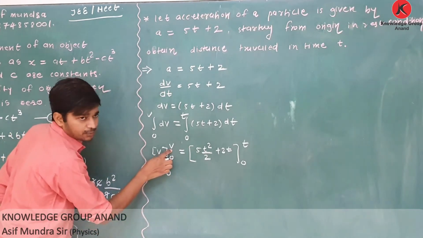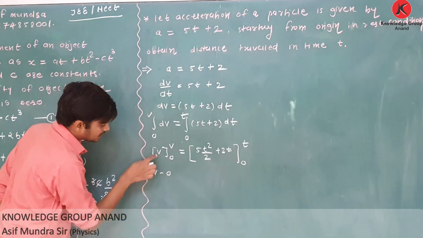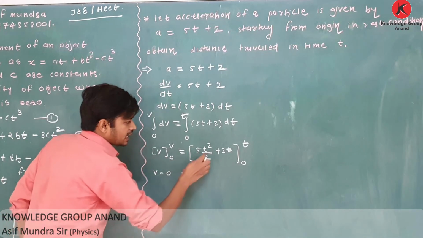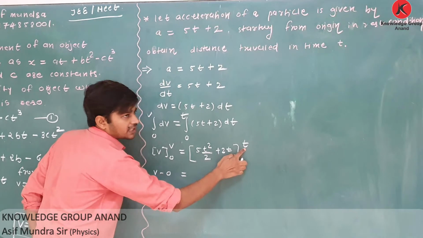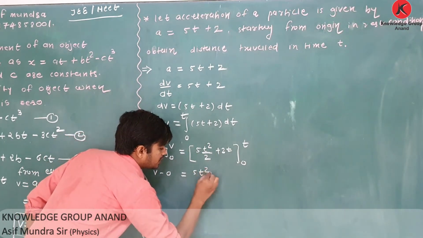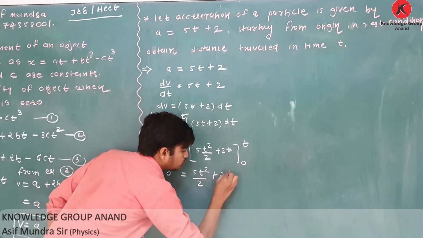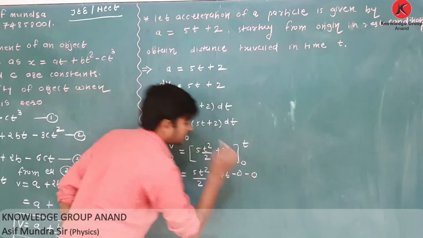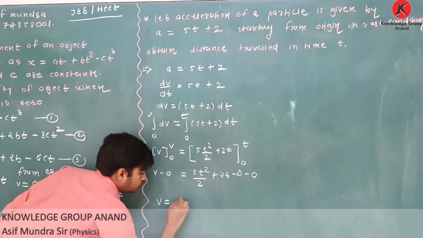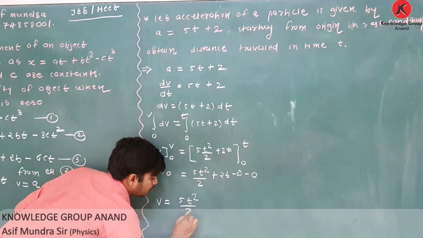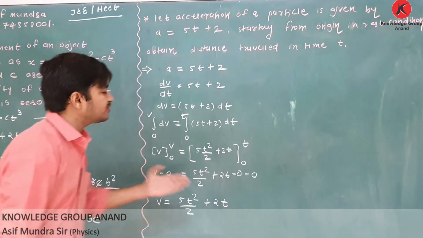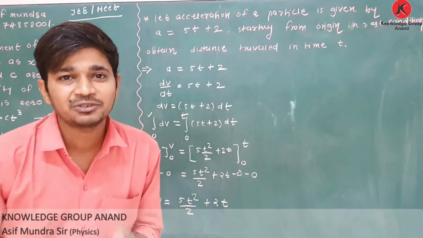This v is replaced by upper limit v, minus this v is replaced by lower limit 0, is equal to this side, this t you have to first of all replace by this t, then minus 0. So you will get 5t square by 2 plus 2t minus 0. Okay, so what is v? V is equal to 5t square by 2 plus 2t. Hello, it is the equation of velocity, half question, half solution.